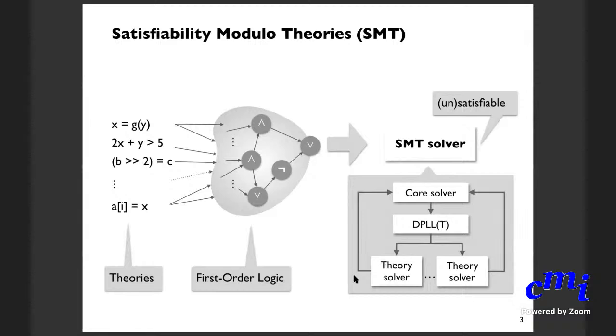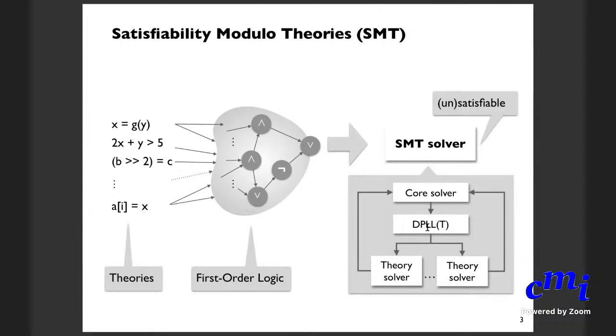So the formulas are of this kind. We assume the theory solvers are able to do only the conjunctive fragment, because decision procedures for particular theories usually work only for the conjunctive fragment. That is at least the assumption. DPLL(T) is a general way of combining all these theory decision procedures to be able to decide arbitrary propositional formulas in any CNF.